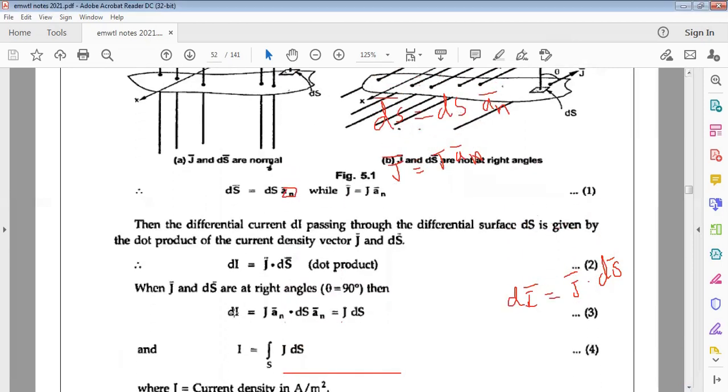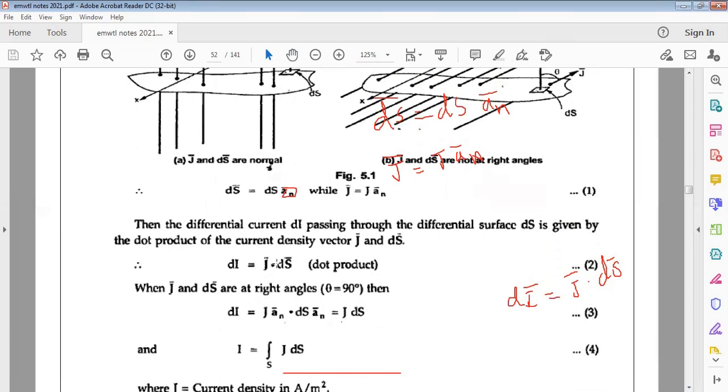When J bar and ds bar are at right angles, theta is equal to 90 degrees.